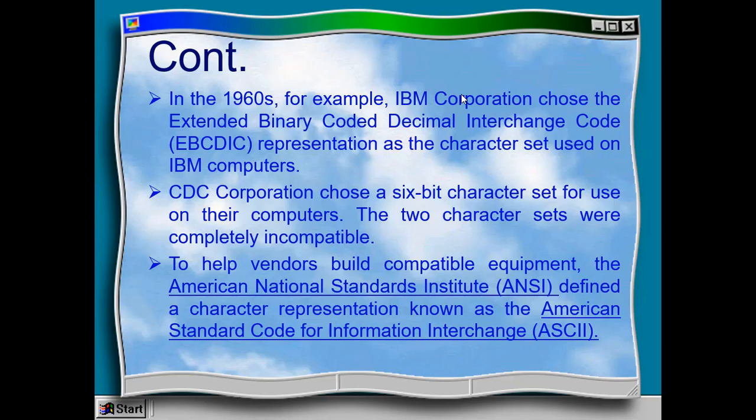So, to help vendors build compatible equipment, the American National Standards Institute defined a character representation known as the American Standard Code for Information Interchange, which is the ASCII character set that specifies the representation of 128 characters, including the usual letters, digits, and punctuation marks. Additional values in an 8-bit byte can be assigned for special symbols. The standard is widely accepted, right?